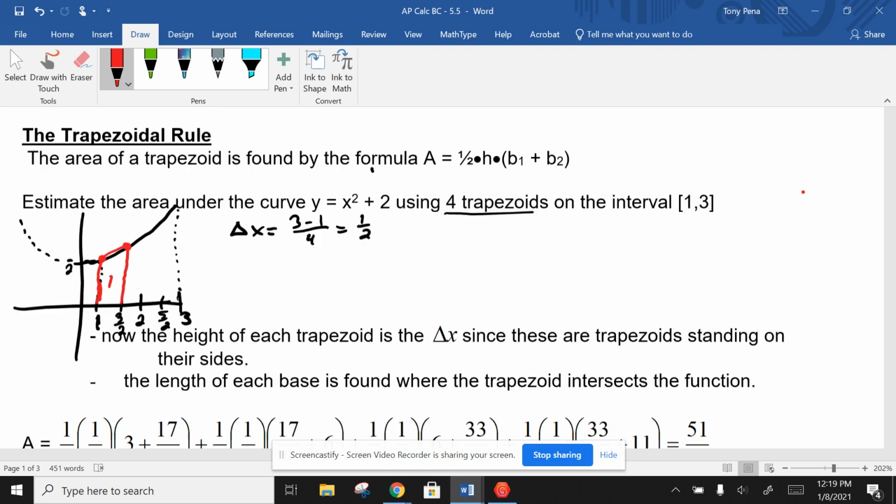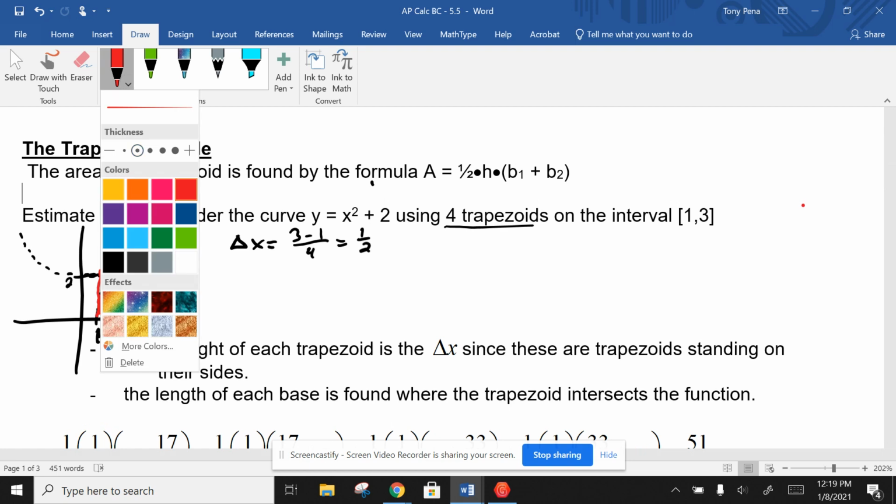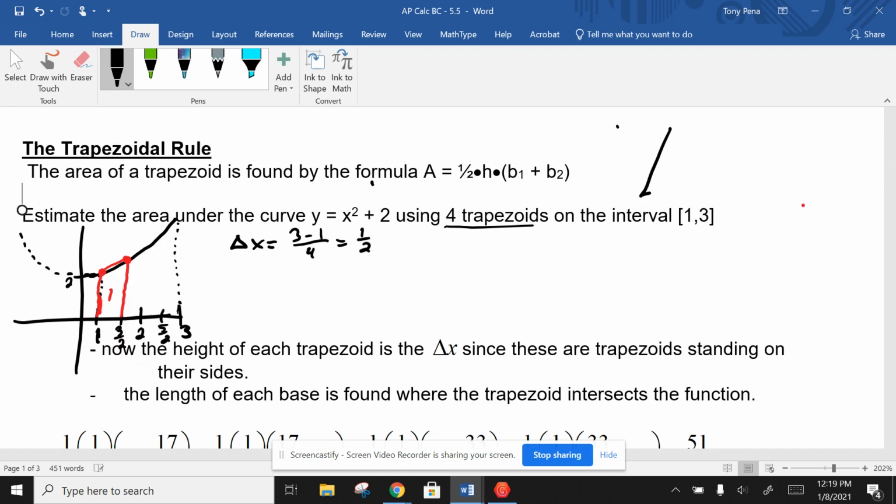I suppose a lot of times we review a little bit what a trapezoid looks like. So a trapezoid, the big thing is it has one and only one set of parallel sides. So this is a trapezoid. These are our parallel sides. The height is the line that connects your 2 bases directly at a 90-degree angle. So this is our height.